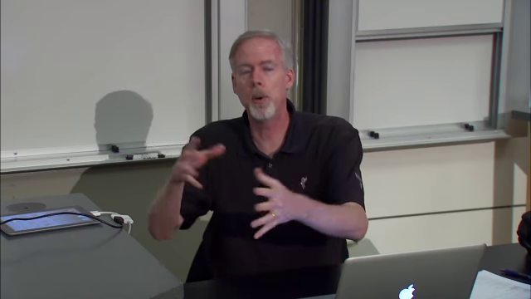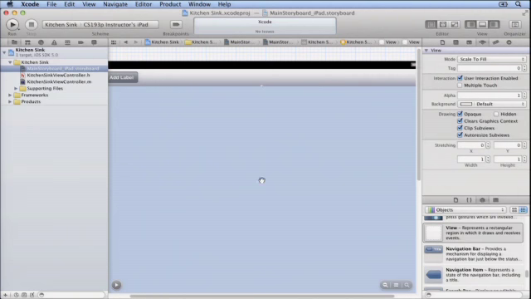Or do I just let it draw outside its bounds and spill over into whatever other view is behind? So here I'm going to clip subviews, and the reason for that is I don't want to add the extra code to make sure my UI labels are always staying in their bounds, and I don't want them to draw on top of my toolbar up here. So clip subviews has a performance cost because it's got to now clip everything, but it's certainly something you can use if you need it.